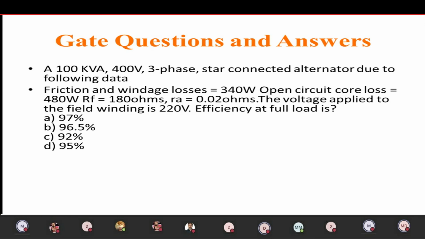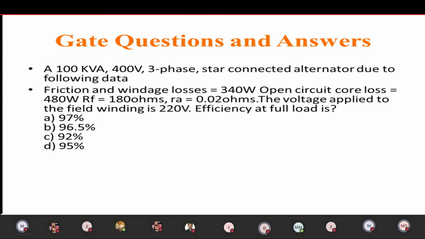Then next question, a 100 kVA, 400 volt, 3 phase star connected alternator. Due to the following data, friction and windage loss is equal to 340 watt, open circuit core losses is equal to 480 watt. RF is equal to 180 ohms.